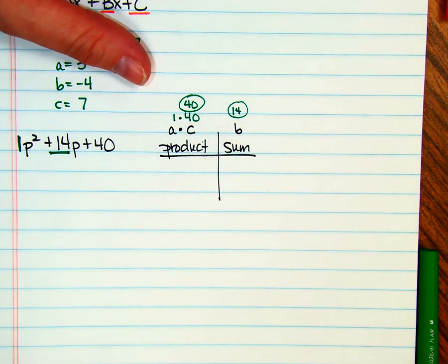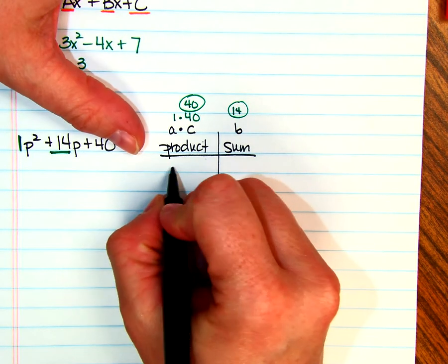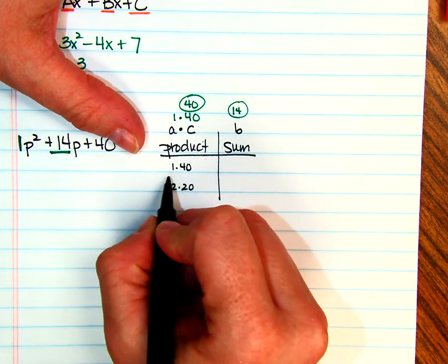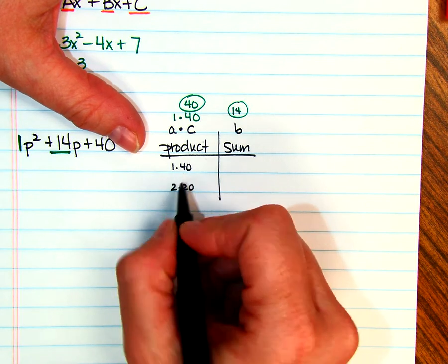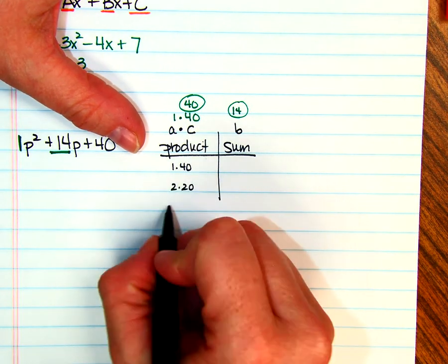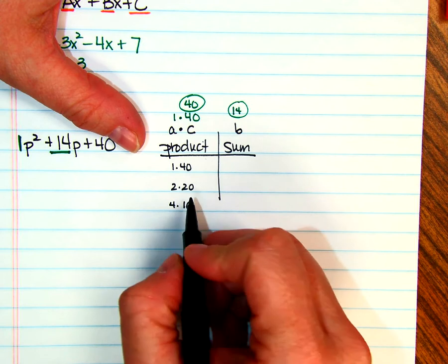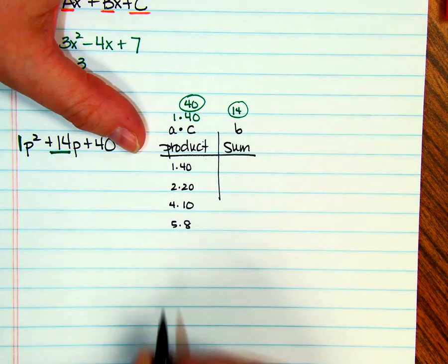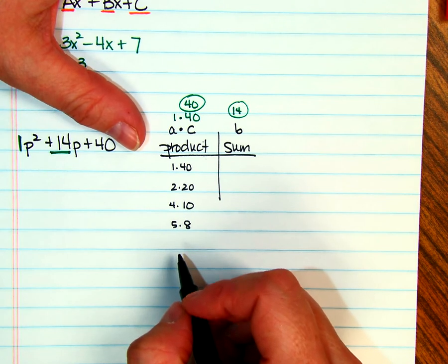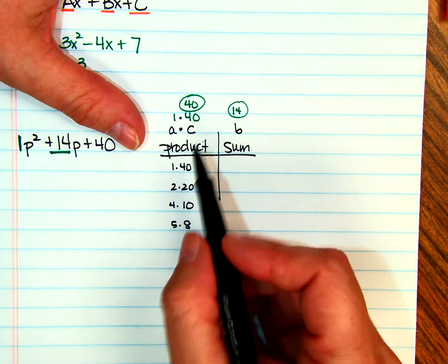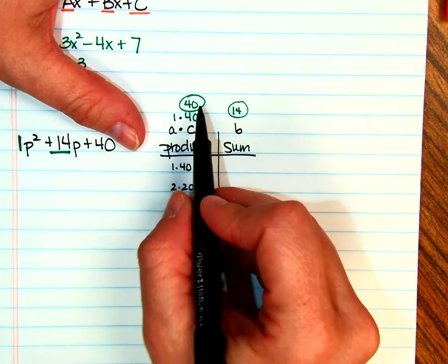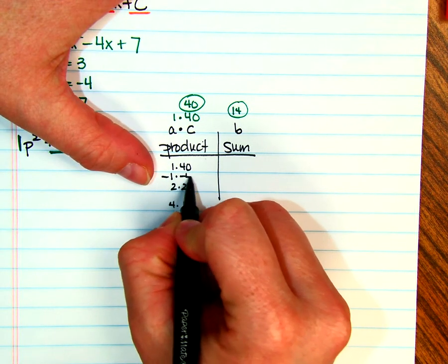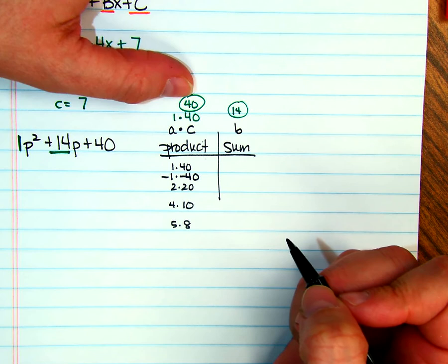So just generally start making a list. 1 times 40, you could do 2 times 20. 3 doesn't go in there. 4 times 10, 5 times 8, and 6, 7, we're right back to 8 again. Keep in mind, 1 times 40 gives me a positive 40, but also -1 times a -40 gives me a positive 40.